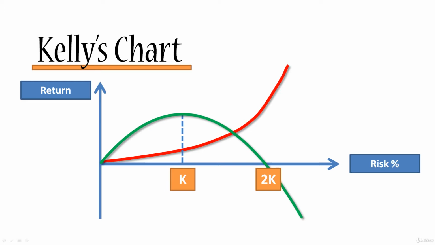So it is quite good that the horizontal line is the risk in percentage terms. For the Kelly chart, it makes sense, and it also makes sense for the red line, because what you're risking in terms of percentages might turn out to be a loss.